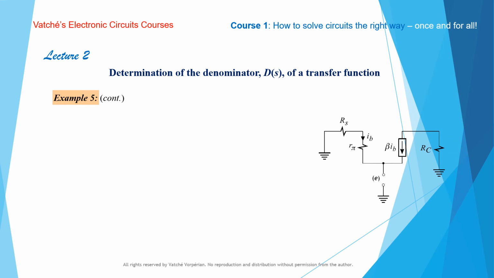Now R super little e is determined by following these simple steps. We connect a test current source at the emitter port as shown, and we determine the voltage Vt that appears across it between the emitter port and the ground. Vt appears across Rs plus R pi.